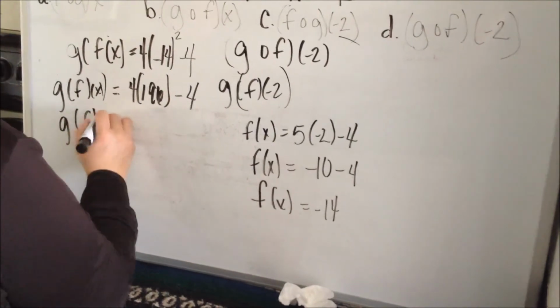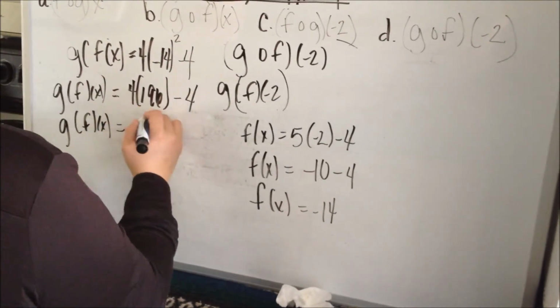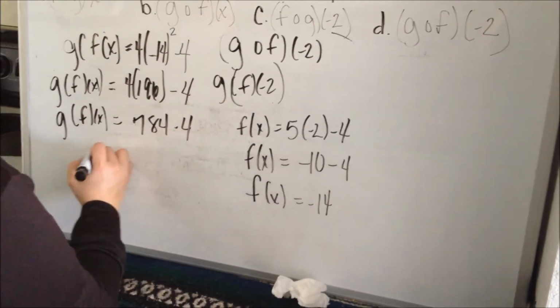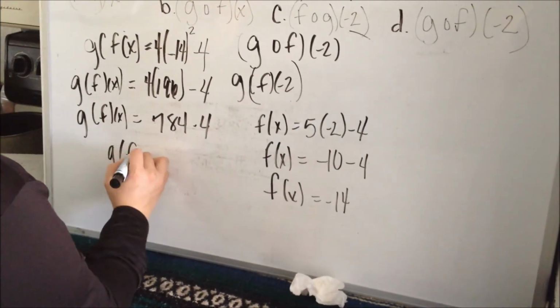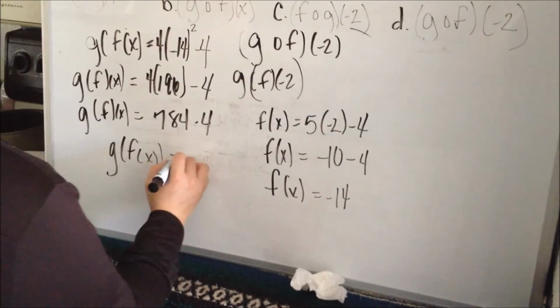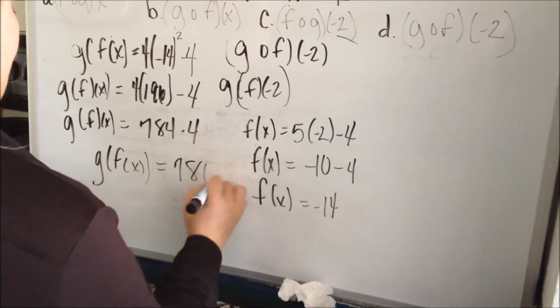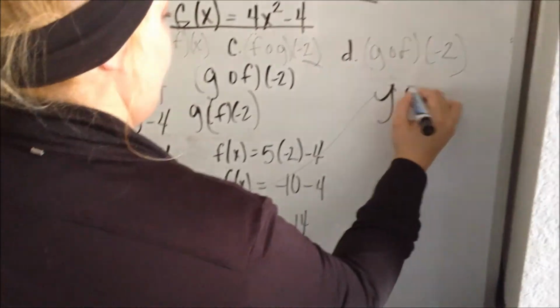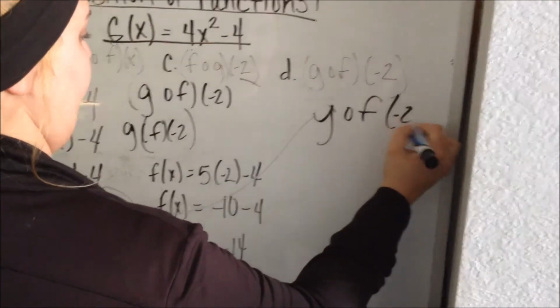So then whenever we multiply 4 times 196, we get 784 minus 4. And then g of f of x equals 780. And that's our last answer for g of f of negative 2.